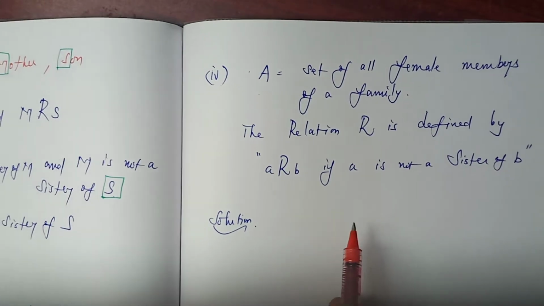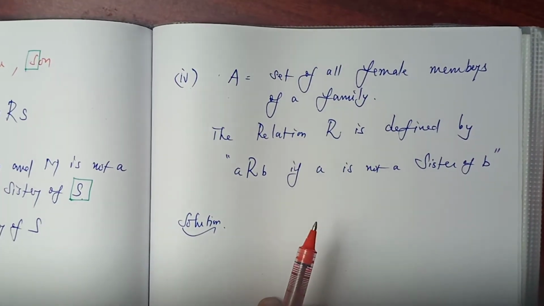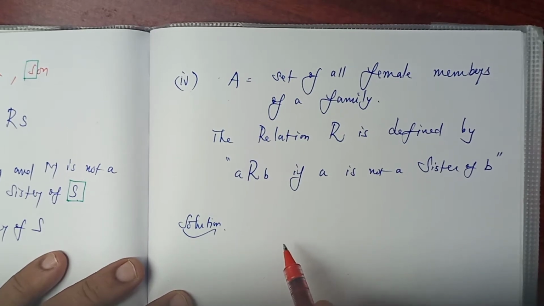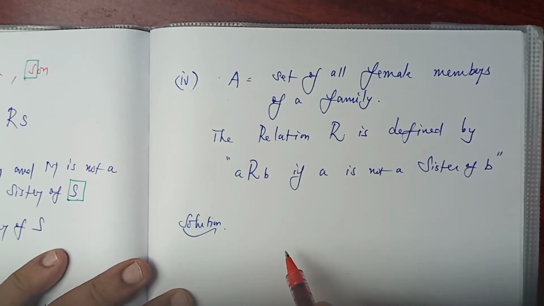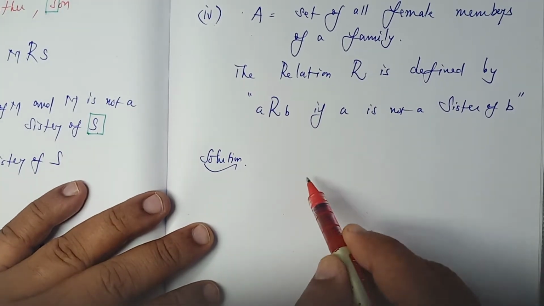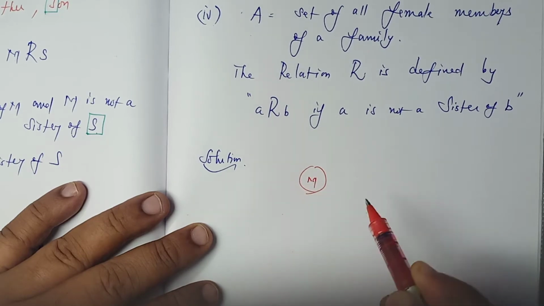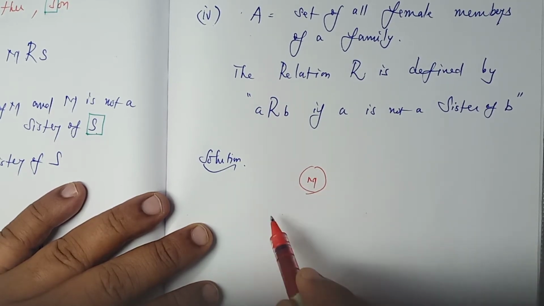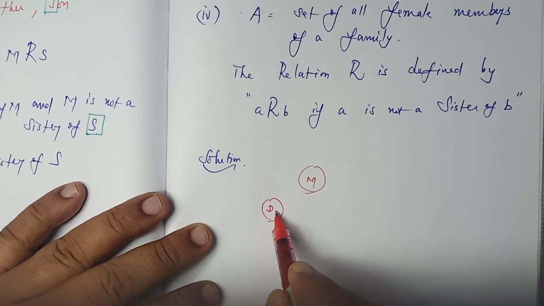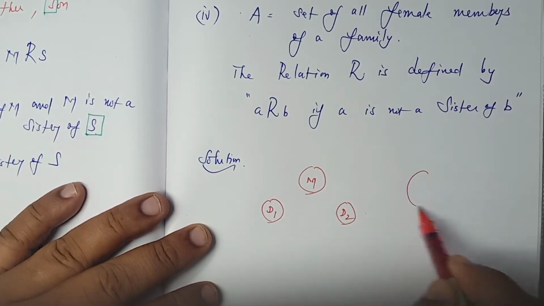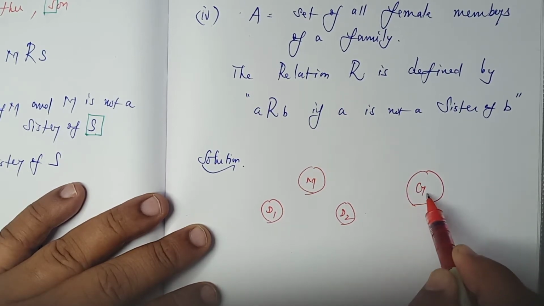Here is the question. We have to verify one by one: reflexive, symmetric, and transitive. I consider a family consisting of 4 members: mother, daughter 1, daughter 2, and grandmother.